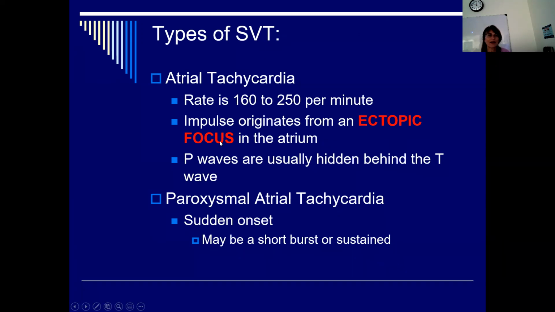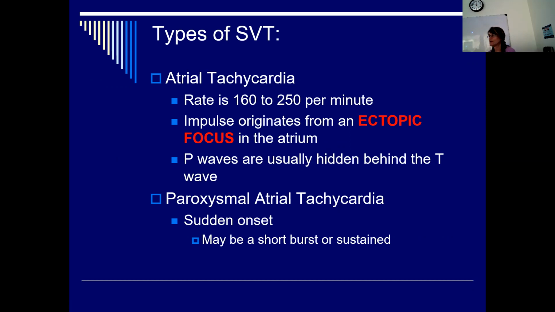The rate's really fast. The impulse originates from an ectopic focus in the atrium. Why couldn't it just be an extremely fast sinus tachycardia? If the heart rate's 250 per minute, and it's so fast, we don't know where the impulse started from.